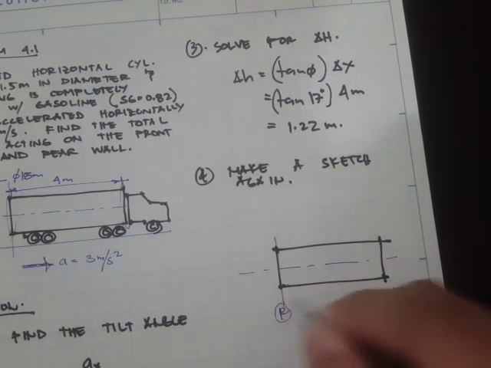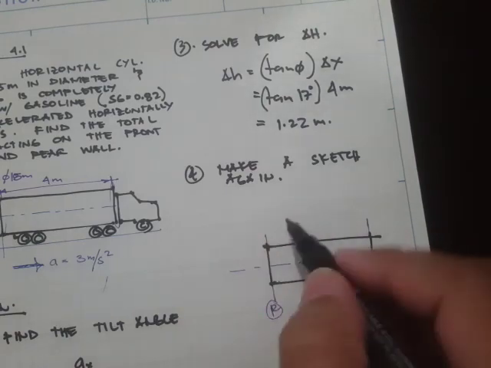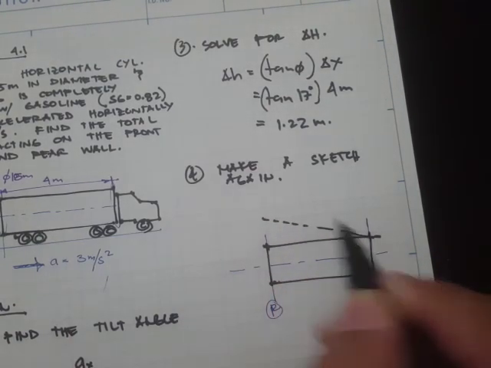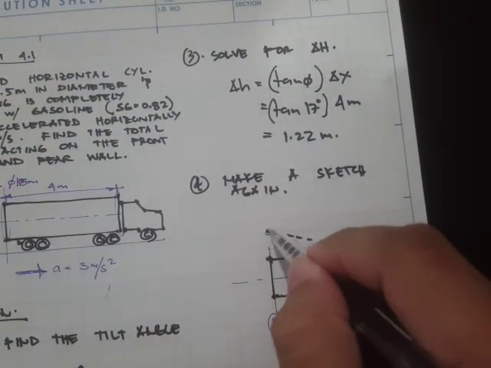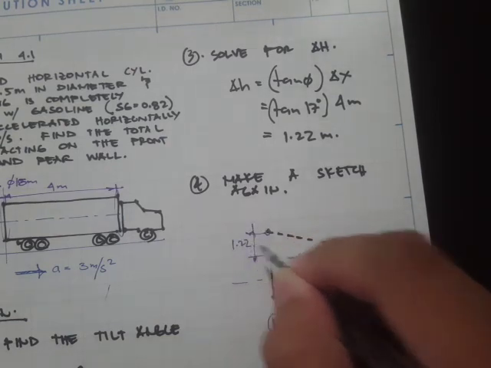This is our rear wall, this is our front wall. If we have this line, then this height is equal to 1.22 meters.